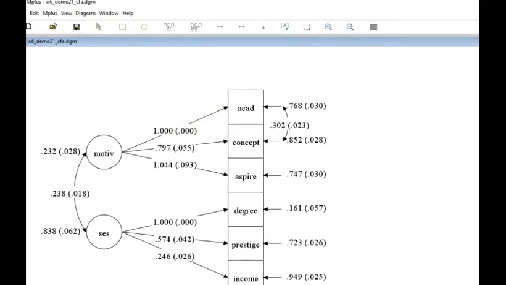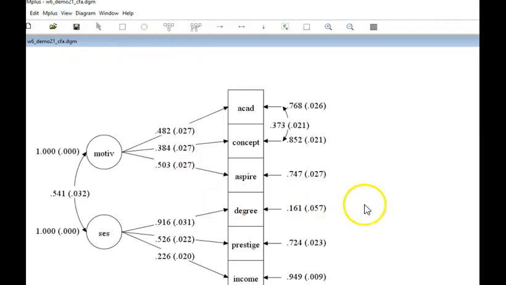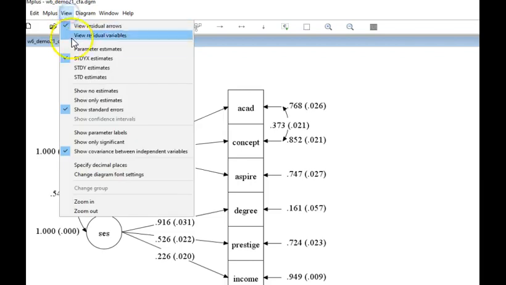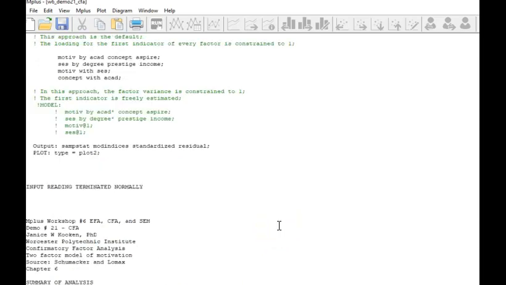And there is a way that we could view the standardized factor loadings, but in that case, this is no longer a 1. I find it a little confusing, since I always like to know which is my indicator variable. All right, then let's go back to the results here.